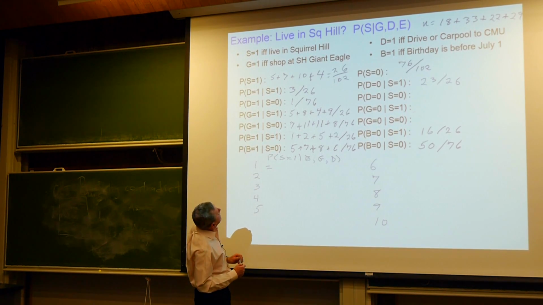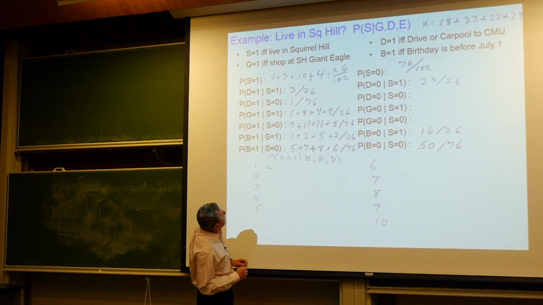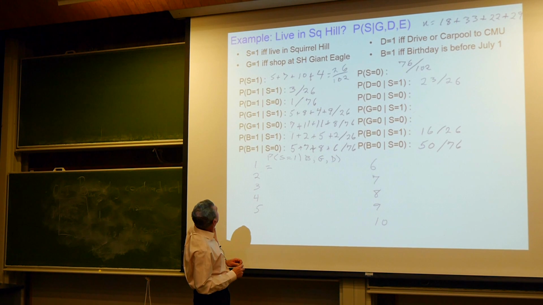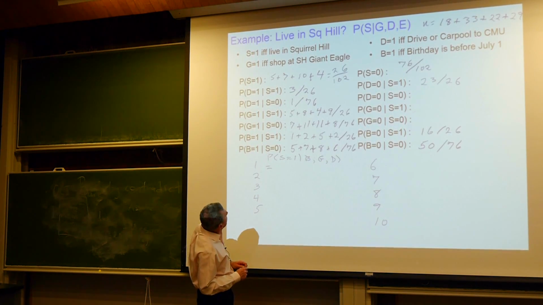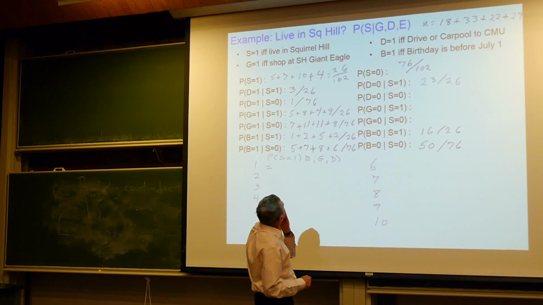But isn't there a 26 out of 26, which would lead to a 0? P of G equals 1 given S equals 1? So that would make P of G equals 0 given S equals 1. Which means that if they don't stop at Giant Eagle, that leads to a 0 probability that they live in Squirrel Hill, right?